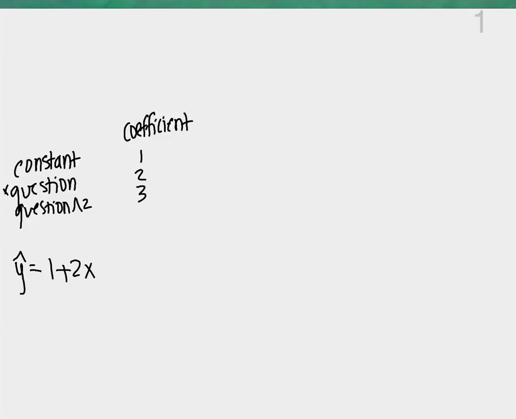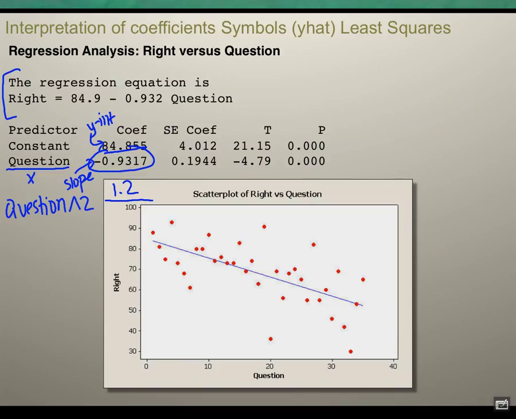And this is question squared, so that would be 3x squared. We did 2 of these. Does this make sense now, though? Okay. The rest of this stuff you don't need to know just yet. That's the line that we just found.